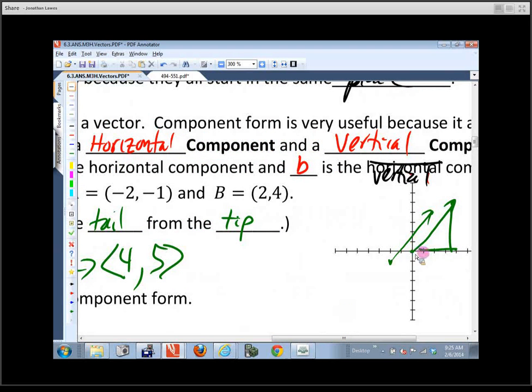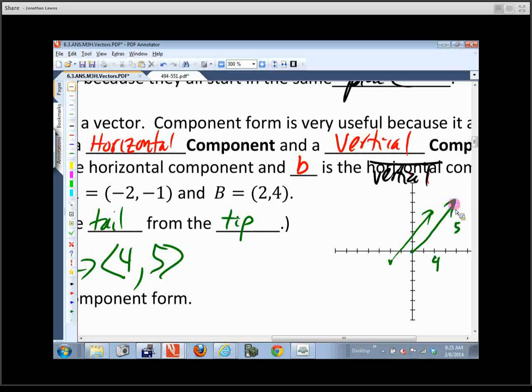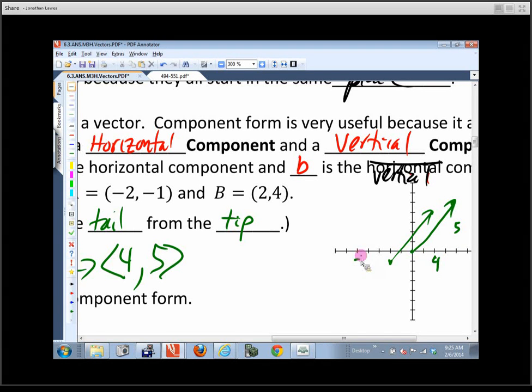How far over do I have to go to get to that point right there? I start at the origin and I go over 1, 2, 3, 4. And I go up 1, 2, 3, 4, 5. So the horizontal component is 4 and the vertical component is 5. Because if you think about where these points were, this was -2, -1, and this was 2, 4.